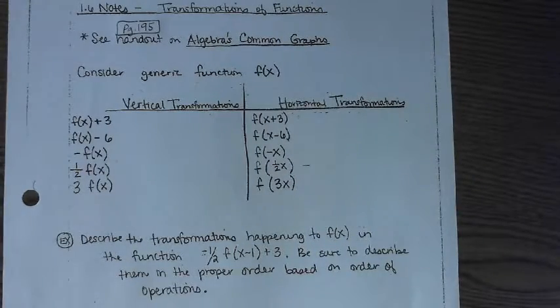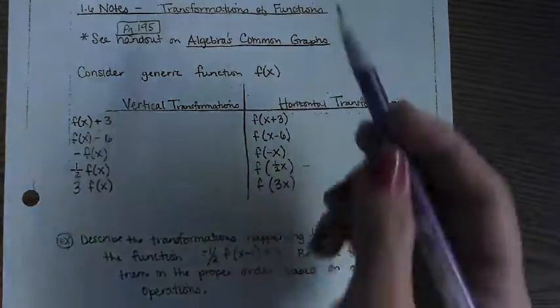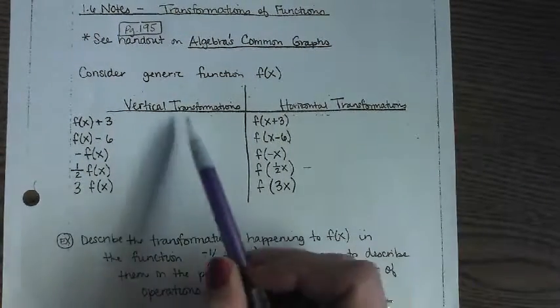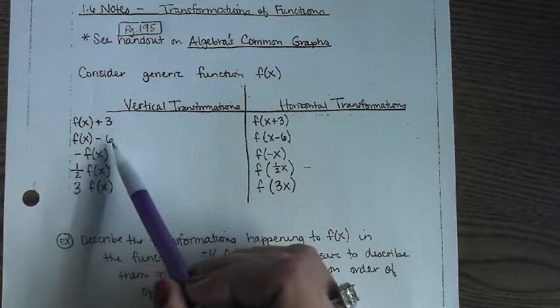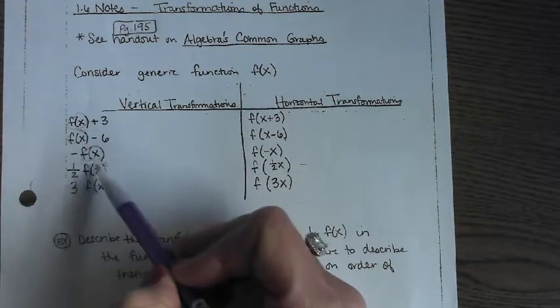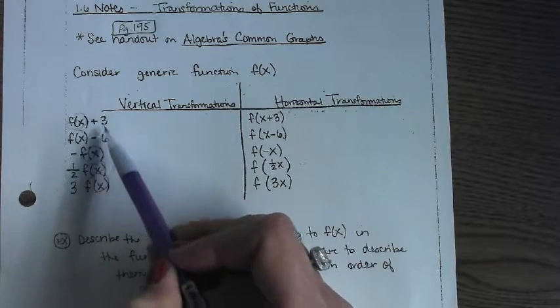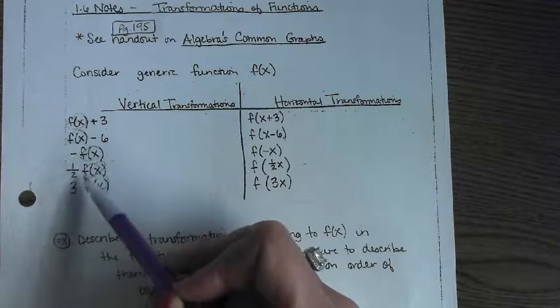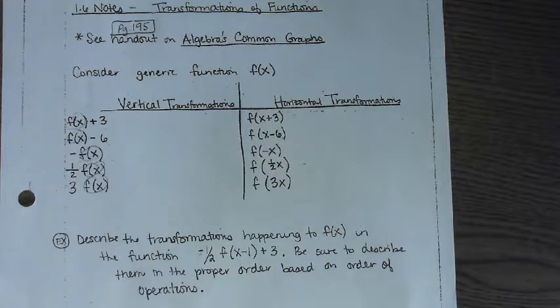Now, the way I teach transformations, I like to have two columns, a vertical column and a horizontal column. All things vertical happen outside the function. So f of x in all of these cases is untouched. You might add or subtract something after the fact, you might negate it, or you might use some sort of multiplier.